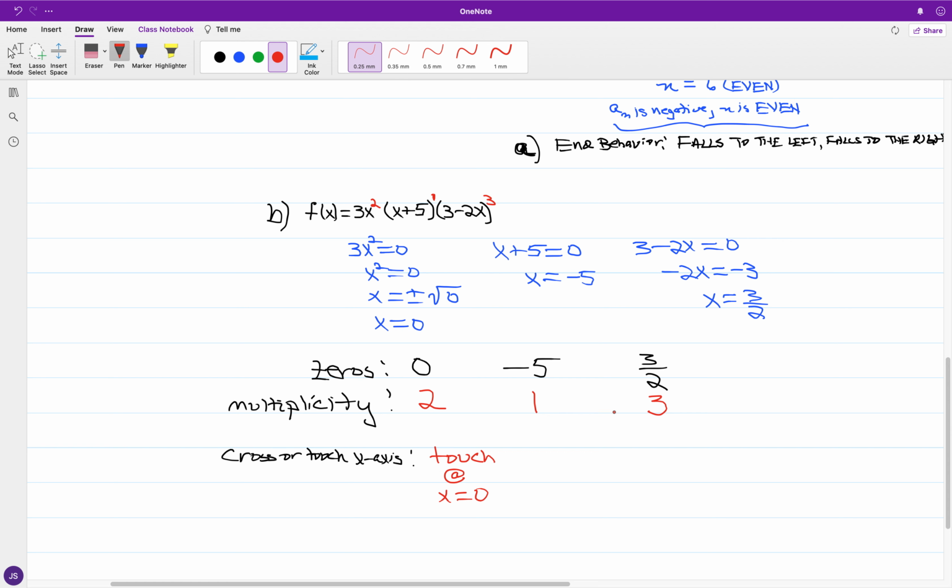With -5 and 3 halves having odd multiplicities, those are the locations where f of x is going to cross the x-axis. So crossing at x equal to -5 and crossing at x equal to 3 halves.